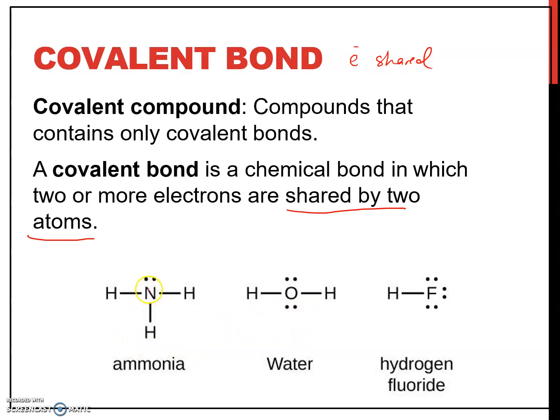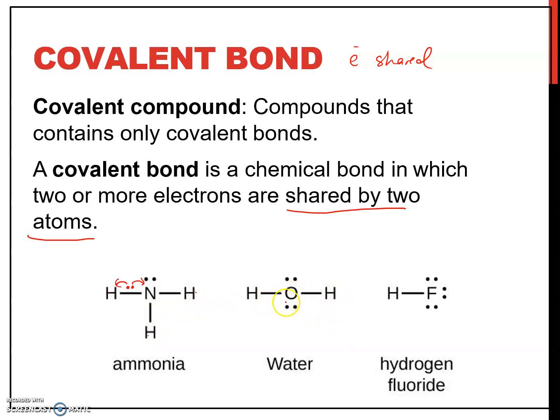Ammonia has one atom nitrogen bonded to three atom hydrogen. Each bond means that there are two electrons, so one electron shared from nitrogen and another one electron shared from hydrogen. So each line or bond here is shared by nitrogen and hydrogen atom.